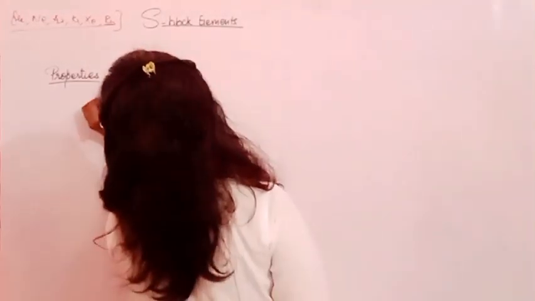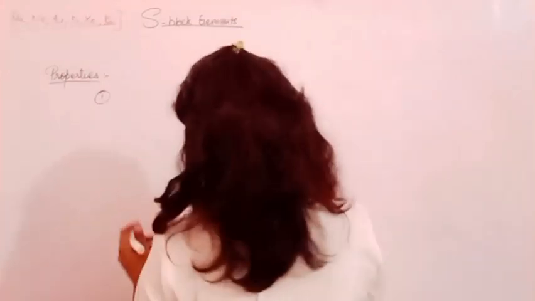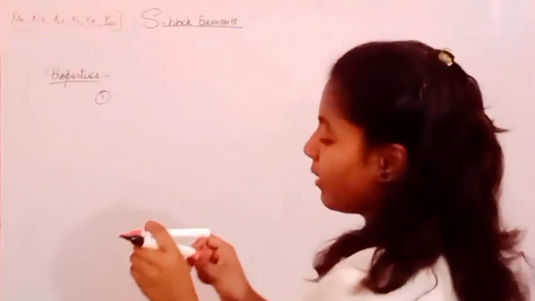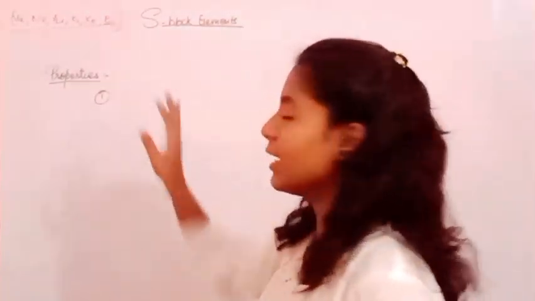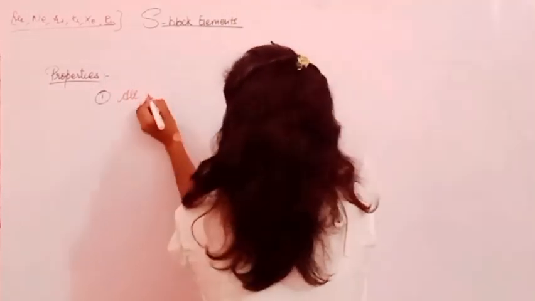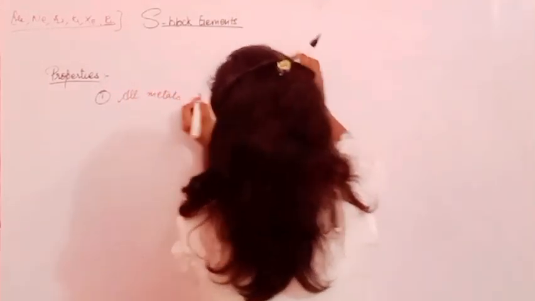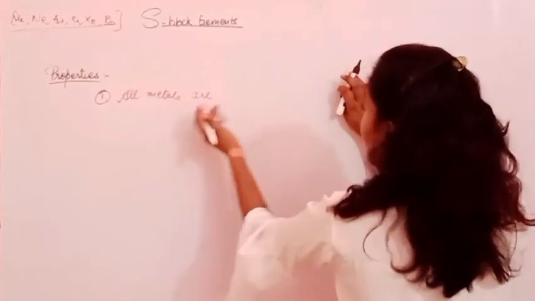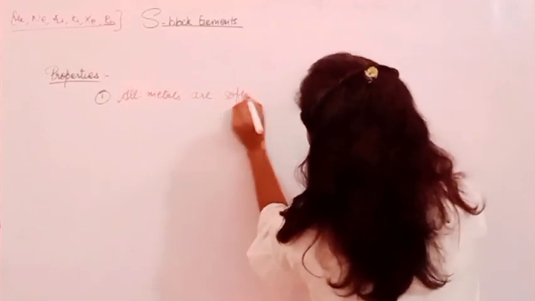Property number 1 is that S block element here, all metals are soft metals.